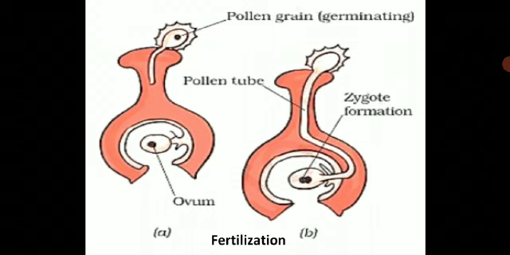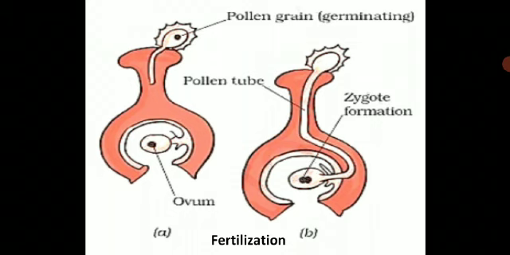The pollen grain, which you will see on the left hand side, is going to travel through the pollen tube, and once it reaches the ovary, it will meet inside.